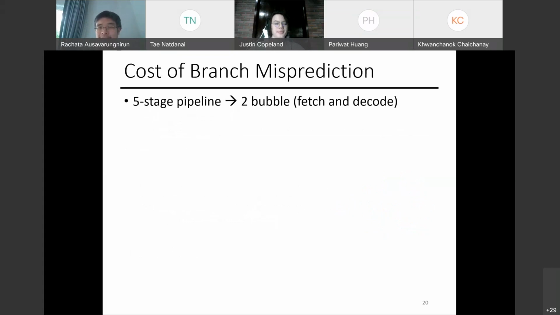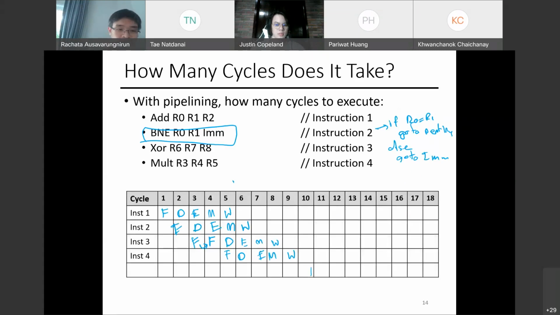Let's say you have a 5-stage pipeline, right? If you stall, let me go back to this example, which I think I did wrong. Let me go here, stalling. With the stalling example, you fetch, decode, execute, memory, write back.